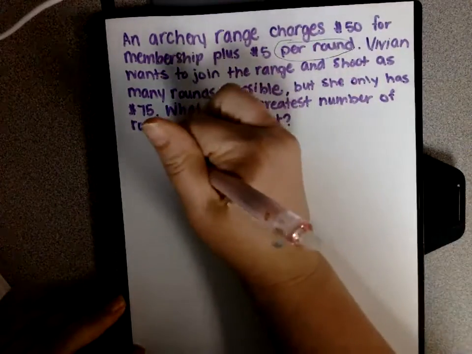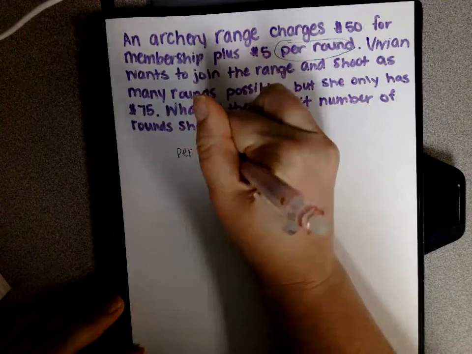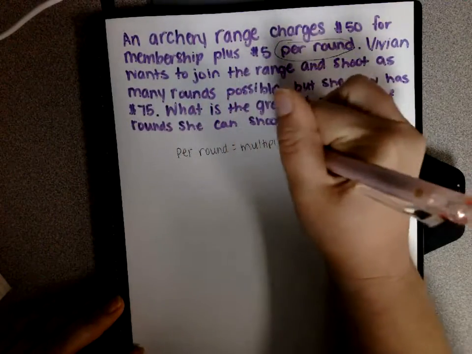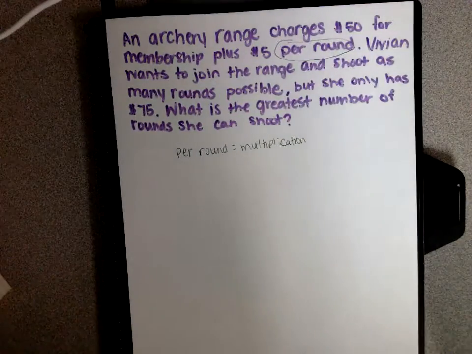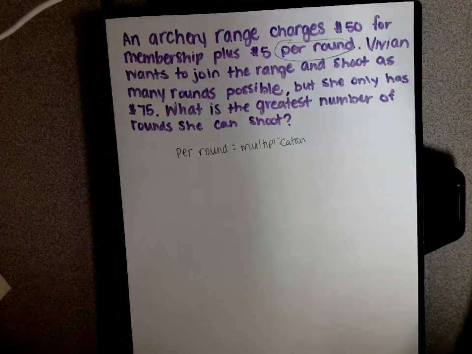So down here, I'm going to write per round equals multiplication. And if that's helpful for me at the end, I'm going to include that in my two-step equation. So let's just keep it there in my notes for now.